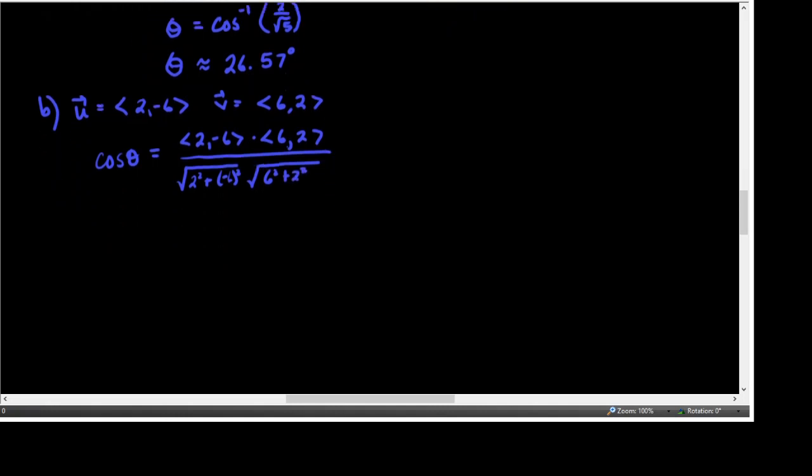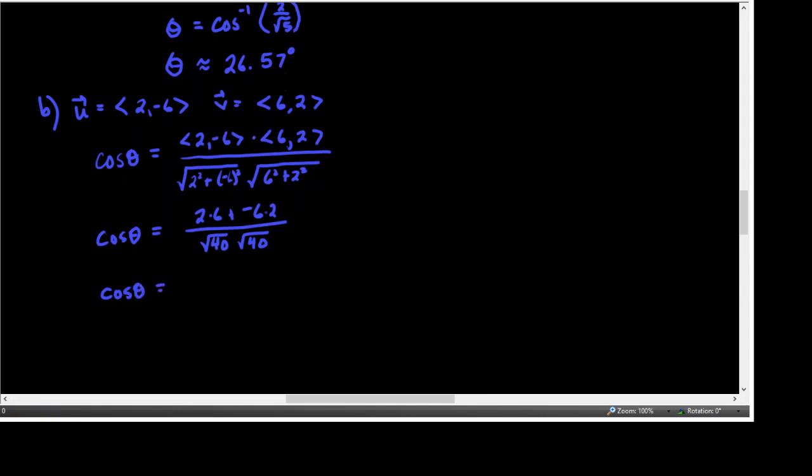Okay. So let's do that arithmetic. That'll be 2 times 6 plus -6 times 2. Let's see, 4 plus 36 is 40, so that'll be the square root of 40. And that'll also be the square root of 40. Kind of chickened out on you there and didn't simplify because I saw what was coming.